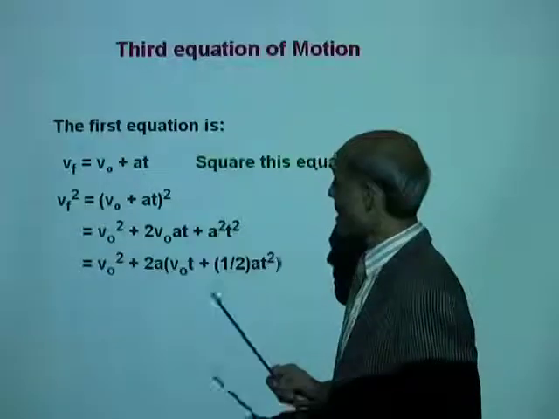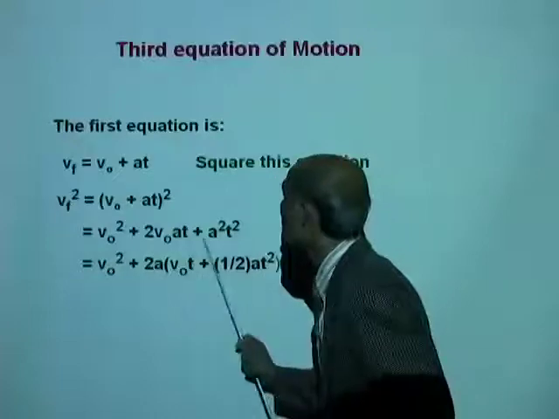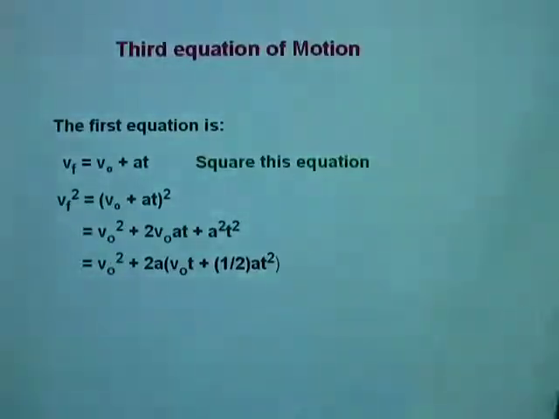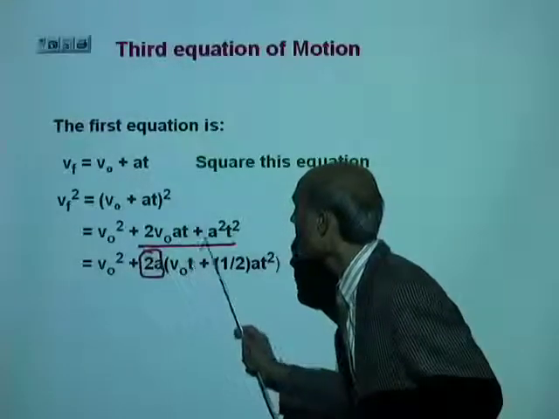Okay, now I'm going to factor out a 2A from these two terms. I think that will be a little difficult for you. I'm going to take these two terms and factor out a 2A. Now, you notice that there is a 2A here.